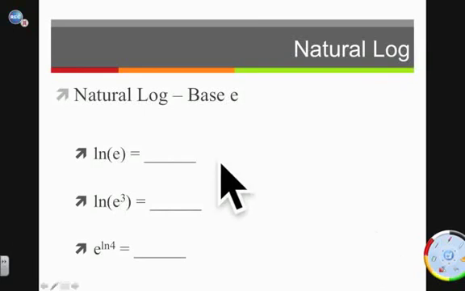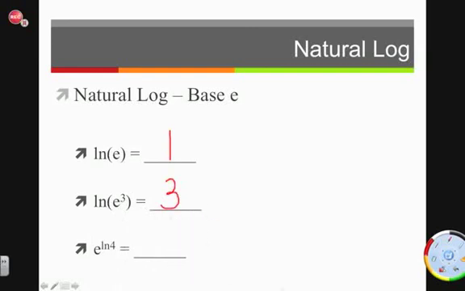Well, our second property that we had there says that is a 1 because, again, they kind of cancel each other out. And the same thing goes for our second example here. The natural log of e to the third power. Again, the e is going to cancel with the natural logarithm, and we're going to be left with that exponent.